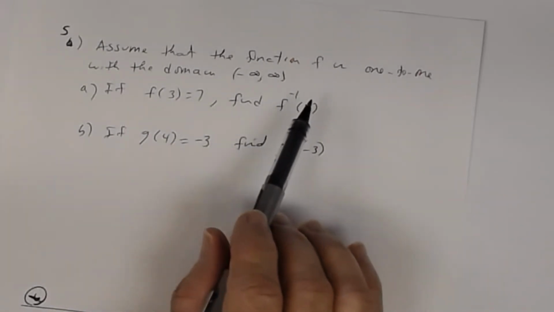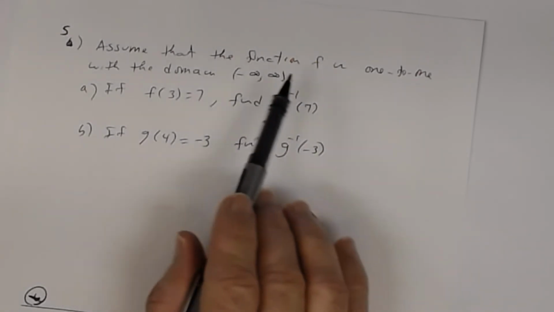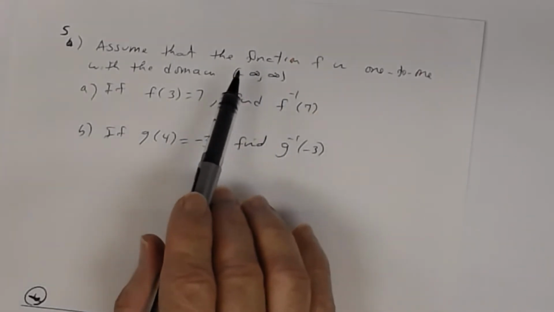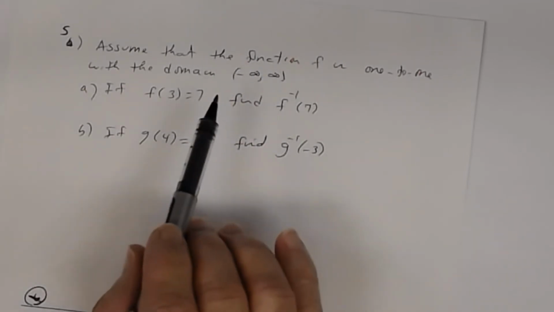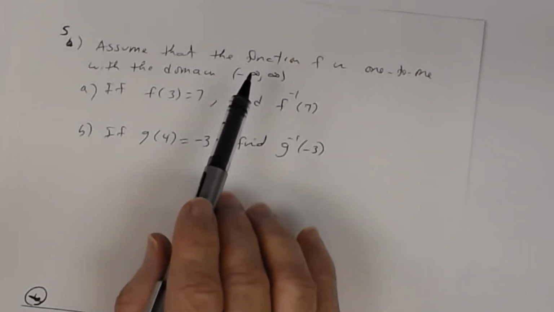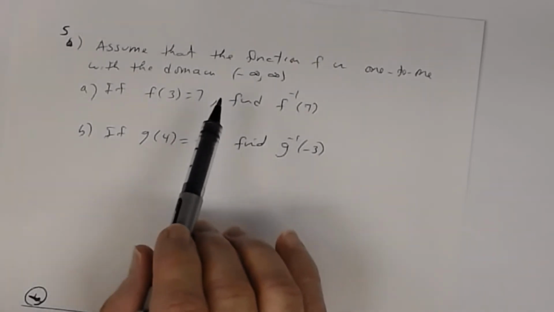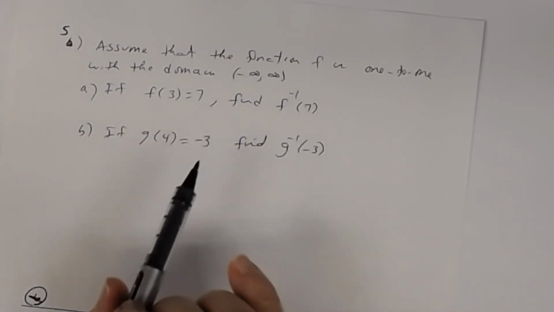Okay, when you do the inverse, you don't know anything about the domain of the inverse. All right, so just assume that it's a one-to-one function, and f has this domain. So remember, if this is the domain of f, then the range of f inverse will be this as well.